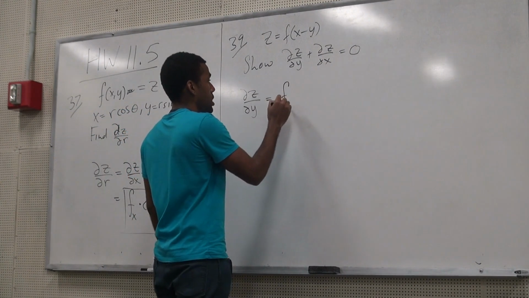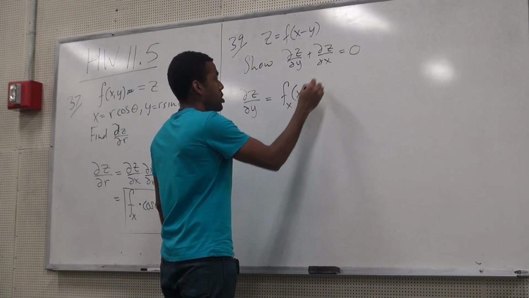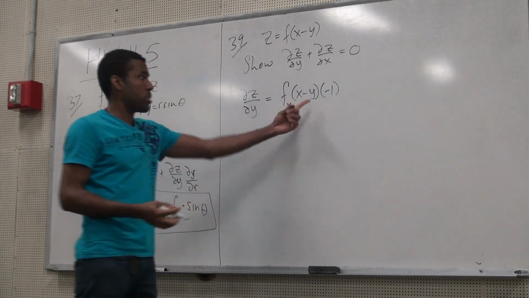Right. So besides the chain rule, differentiate the outside, multiply by the derivative of the inside with respect to y. That's just -1.